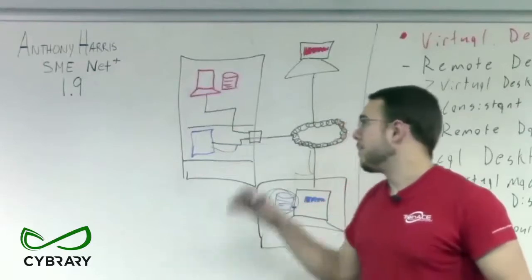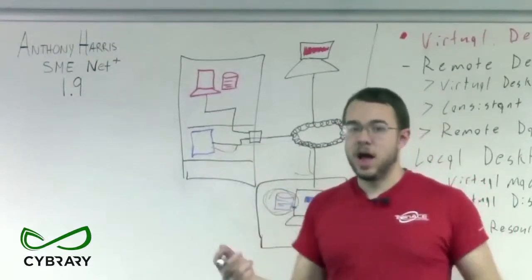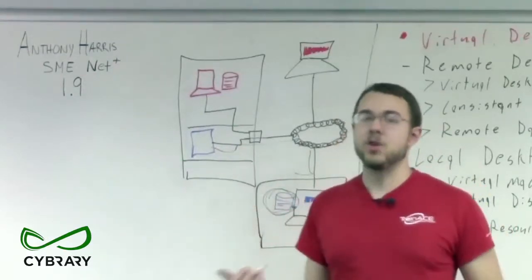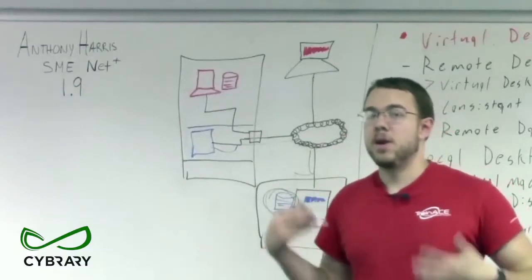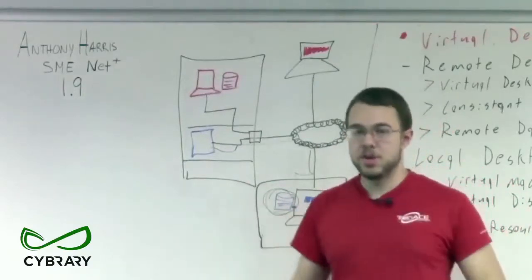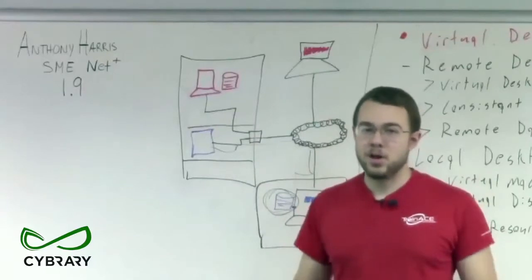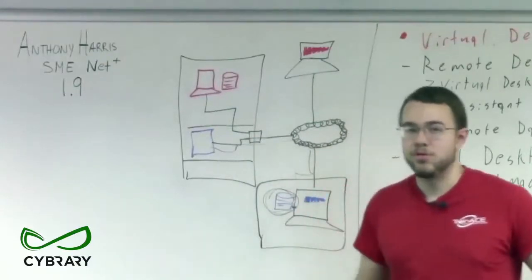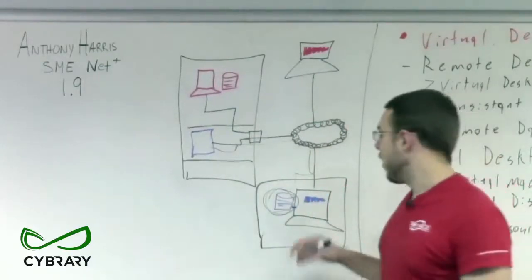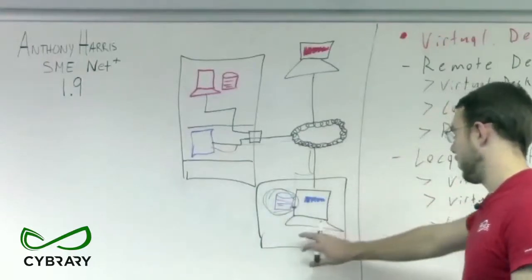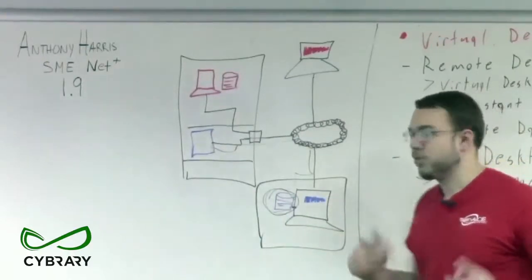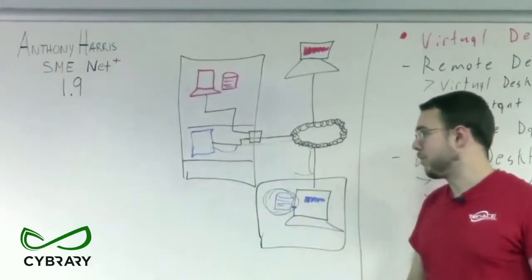That's great. But this server may have a lot of space. It may have a lot of hard disk space to save that information, but it may not have a very powerful CPU, or may not have a ton of memory in order to run applications from multiple users at the same time. So we say, okay, well, we're going to use our local desktop here in order to run that application, to use our local resources.